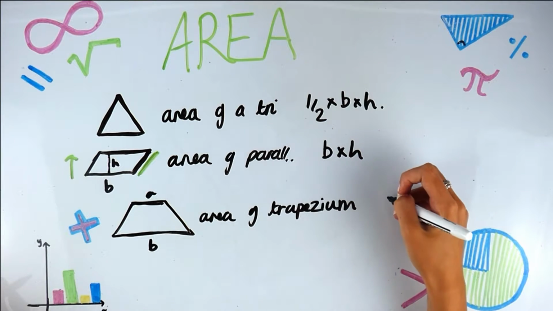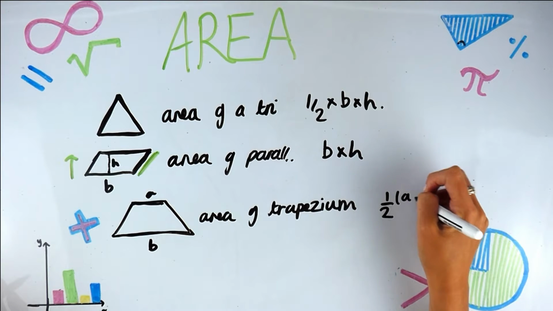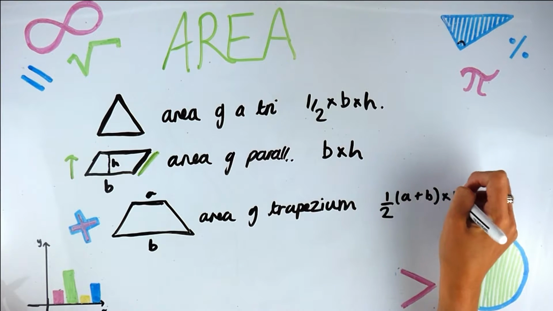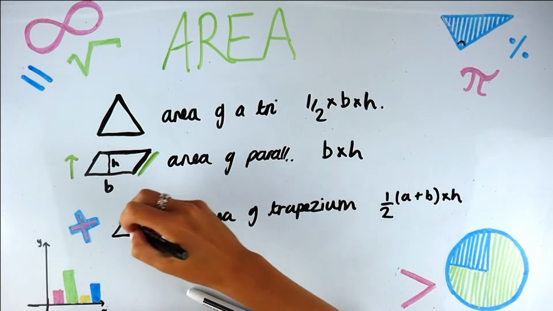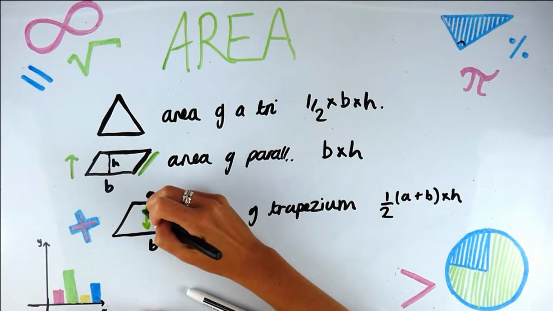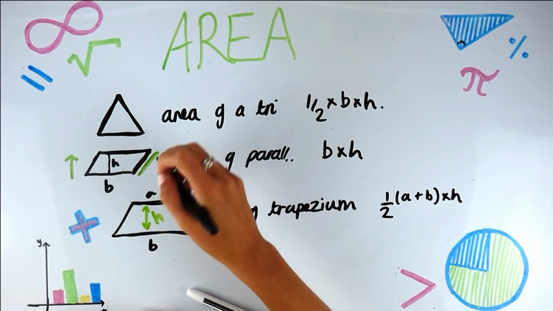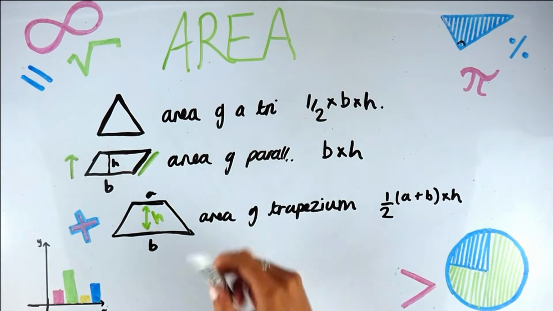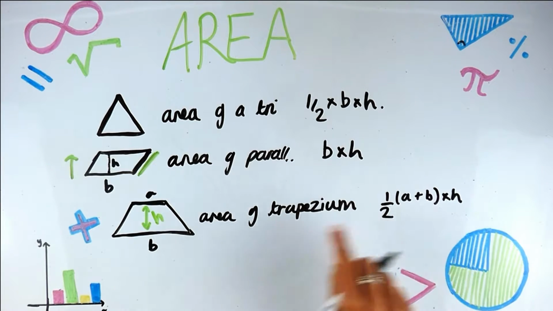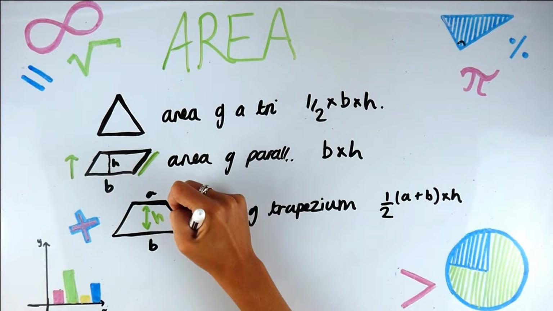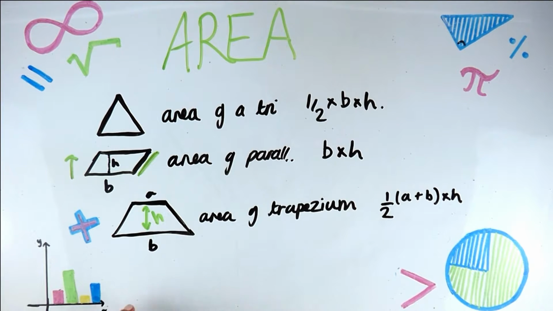So the formula for this is half times (a plus b) multiplied by h, and again h is not this, h is this. Same trick there, be careful. So that half (a plus b) is half the average of their lengths.